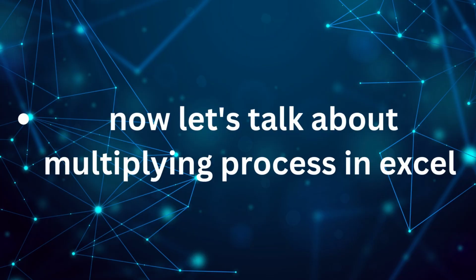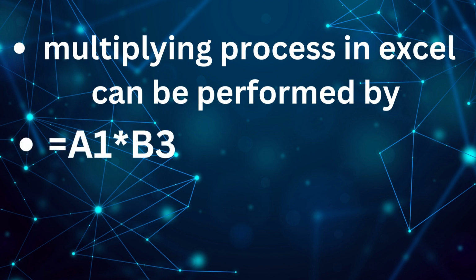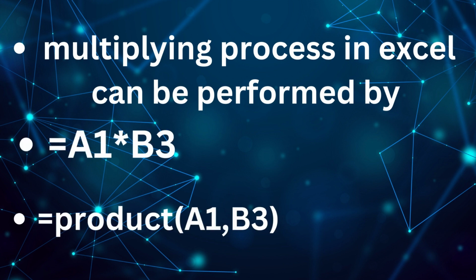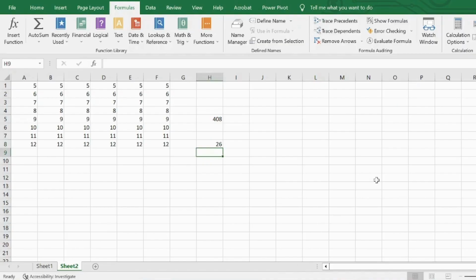Now let's talk about the multiplying process in Excel. Multiplying in Excel can be performed by the simple formula or the function PRODUCT. Let's try it in Excel. Let's try the simple formula: equal sign, open parentheses, F7, then on the keyboard Shift 8, E6.